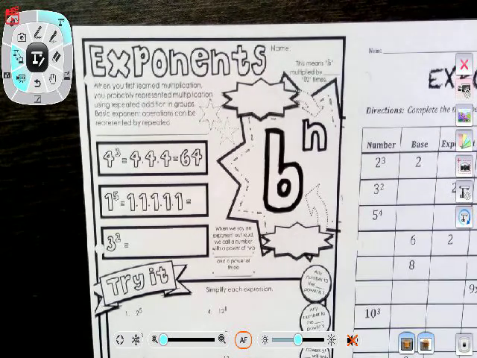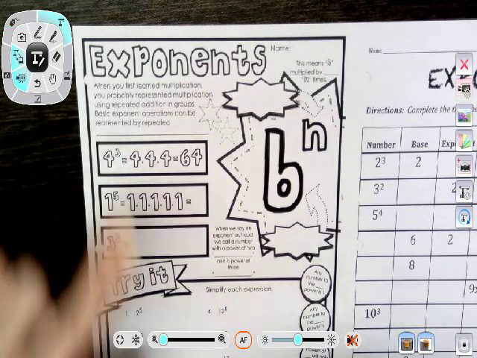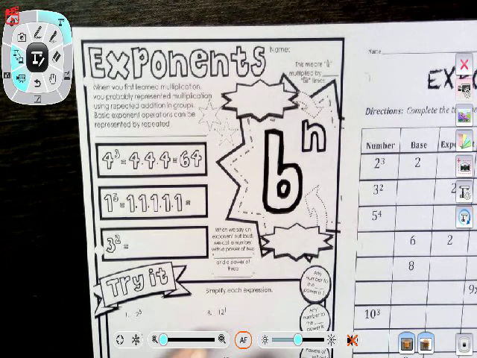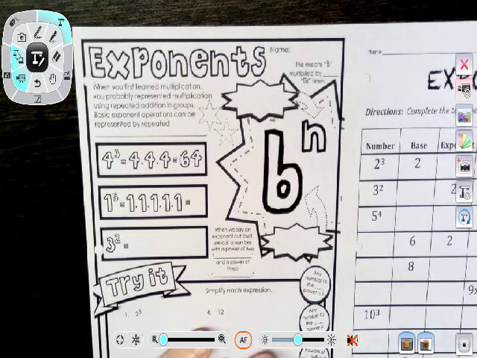So today we're going to learn about exponents. When you first learned multiplication, you probably represented multiplication using repeated addition. That means like 4 times 7 was 4 plus 4 plus 4 plus 4 plus 4 plus 4 plus 4. This is a different thing. This is exponents and basic exponent operations.